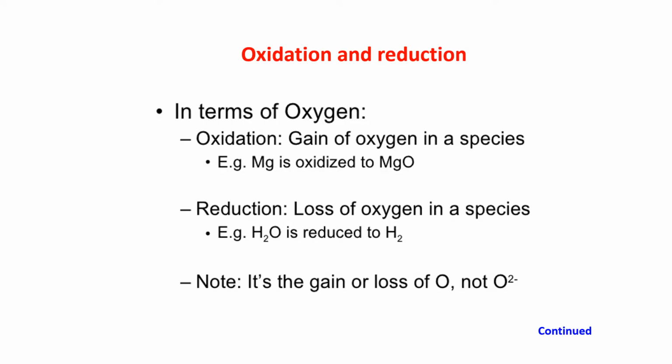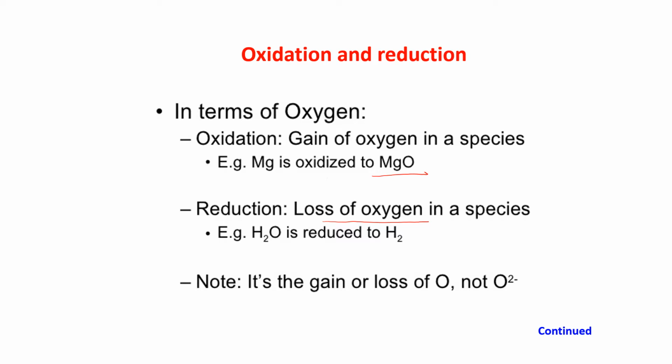Now here are certain examples. In terms of oxygen, oxidation means you have seen that it is gain of oxygen in a species. So Mg is oxidized to MgO. That means oxygen is added to magnesium. Reduction in terms of oxygen is loss of oxygen in a species.